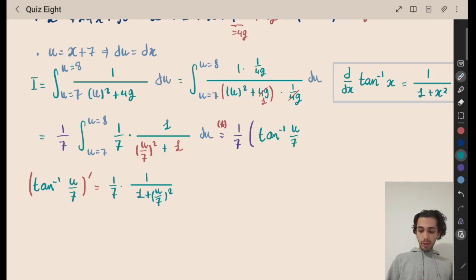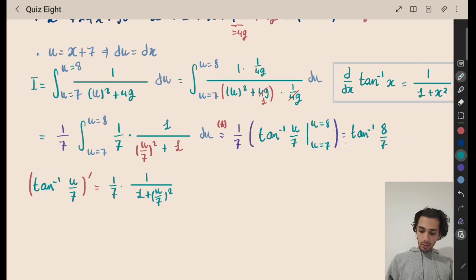But I still need to plug in from u equal to 7 to u equal to 8. So by definition, I just write the following. So it's tan inverse of 8 over 7.